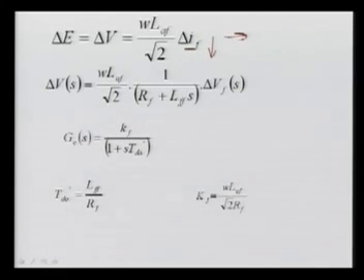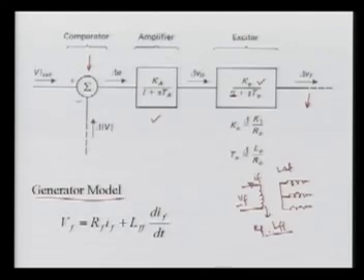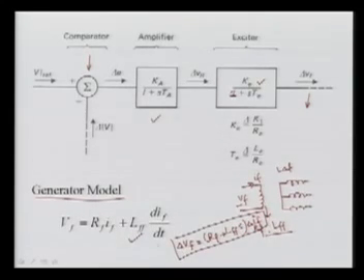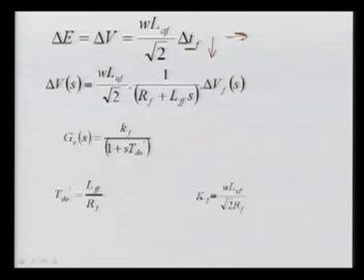Now, from the previous equation, if we take the Laplace transform and write in the difference form, the change in Vf will be equal to (Rf plus s Lff) times the change in If. We already related If with Ef, so we can put the value of If from the previous equation and get this relation.